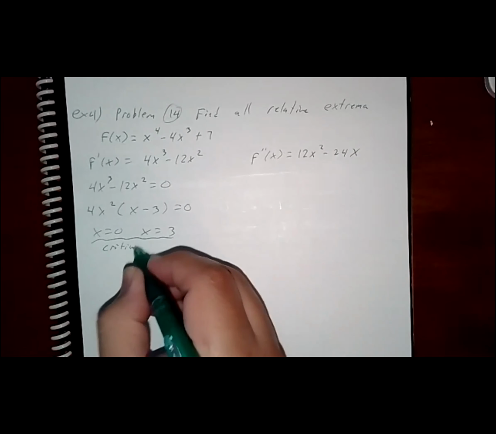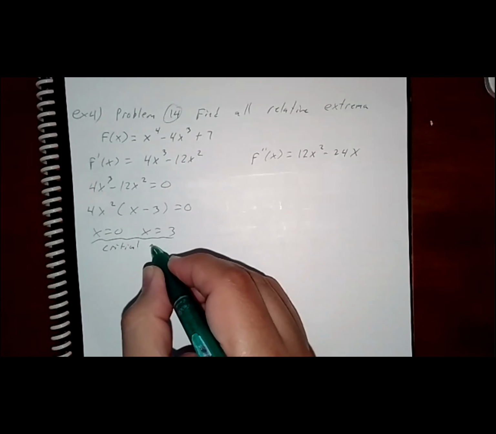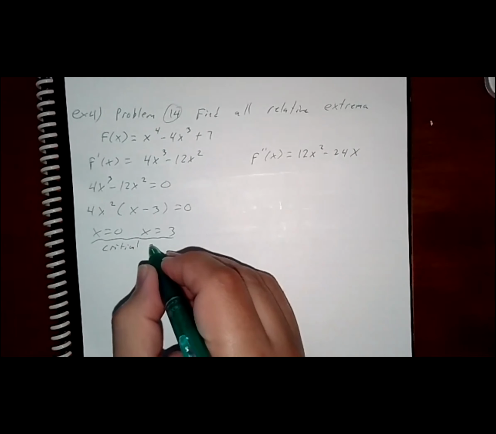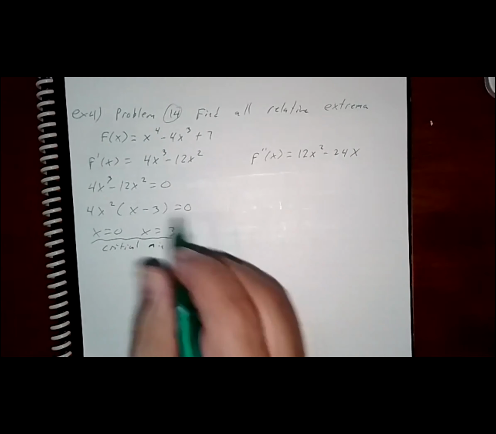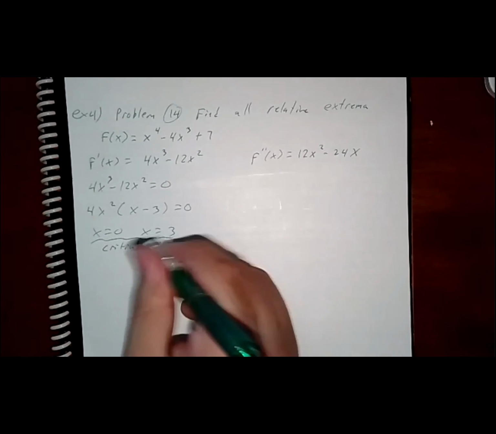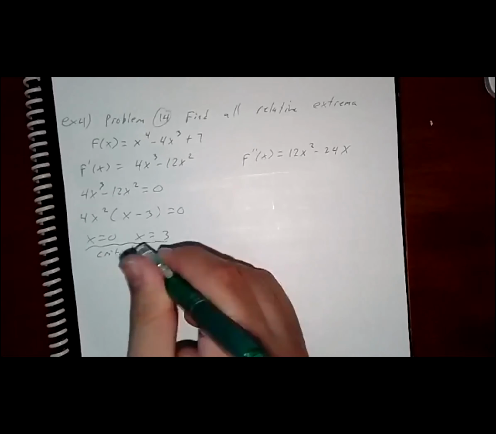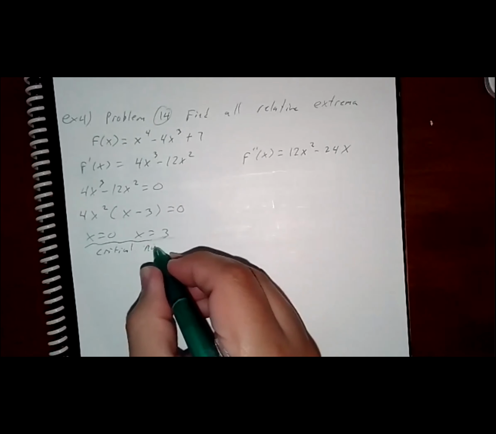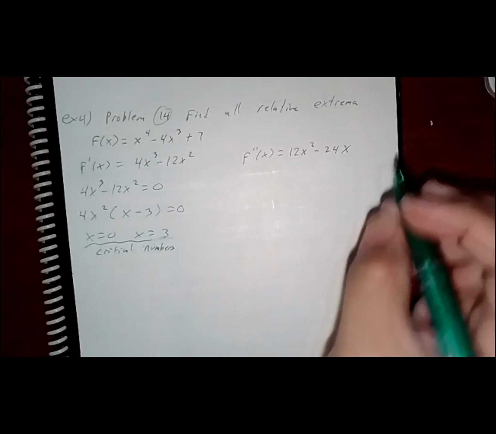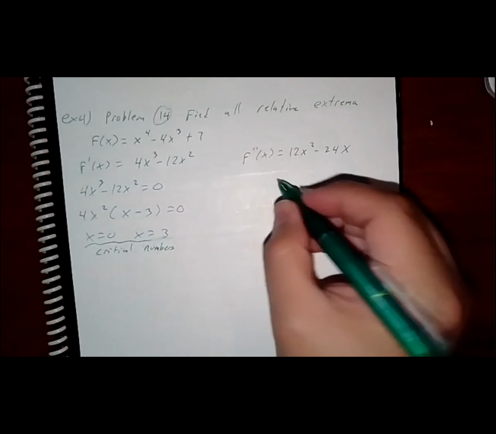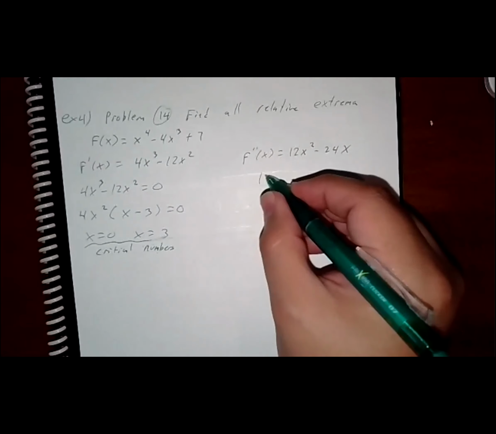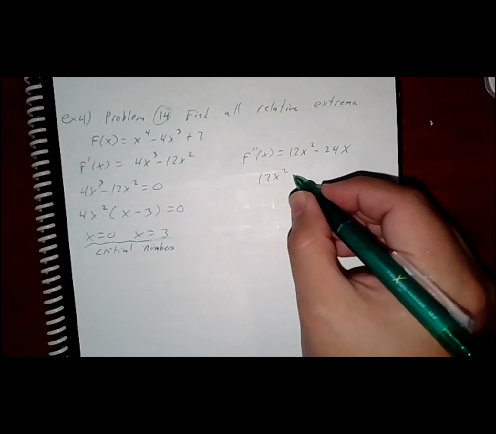So we may have a max or min, or maybe both. Okay, set the second derivative to 0 to find the inflection point, just in case we need it.